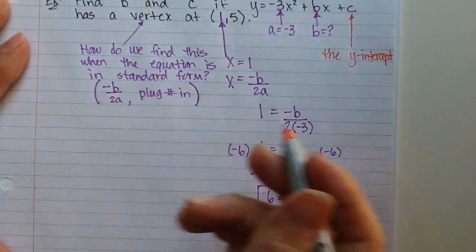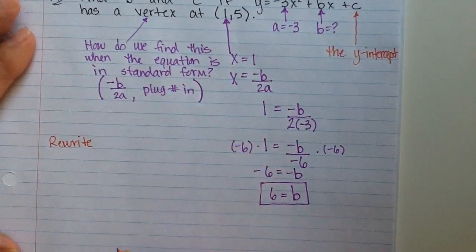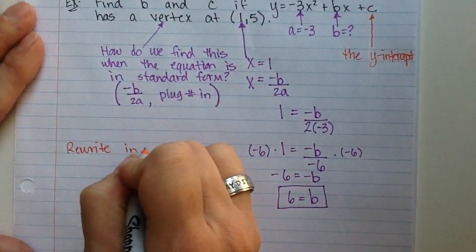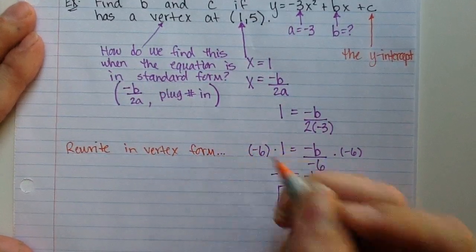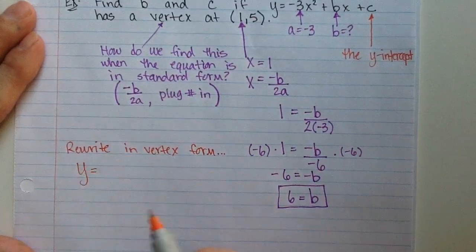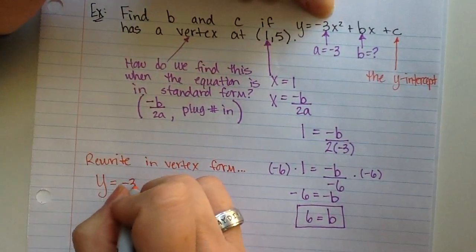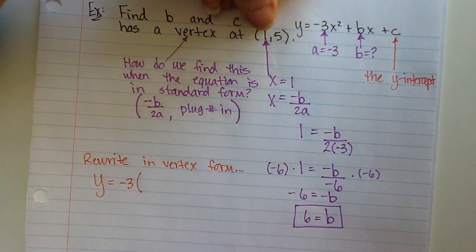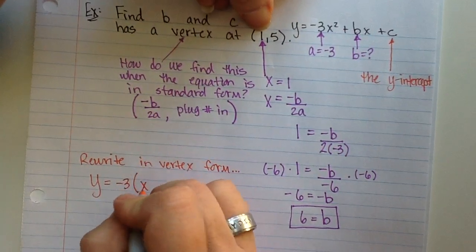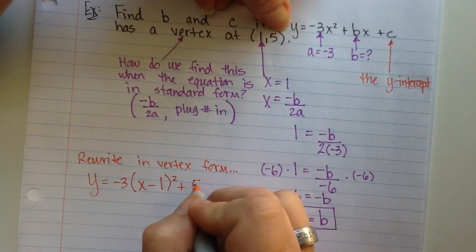So that's what I'm going to do. I'm going to rewrite in vertex form. So that would be y equals, remember I used the same value for a, so negative 3, and then I do x minus h, which is the x value here, so x minus 1 squared, and then plus k, which was 5.